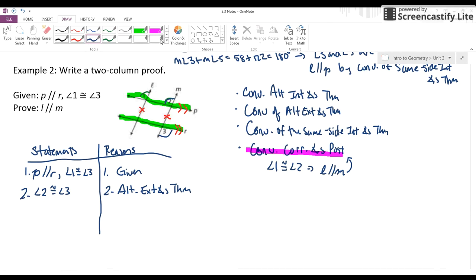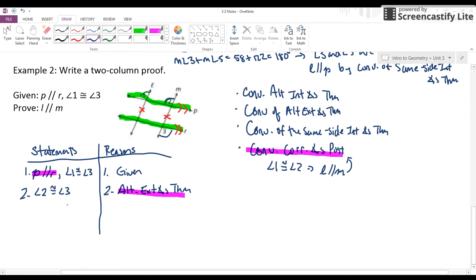And I can use this because I already know P is parallel to R. So since they're parallel, I can use this theorem. Remember, you can't use the converse here. We have to use our regular one because we're just looking at our parallel lines and we want to talk about the angles. The converse would be talking about lines that are parallel.